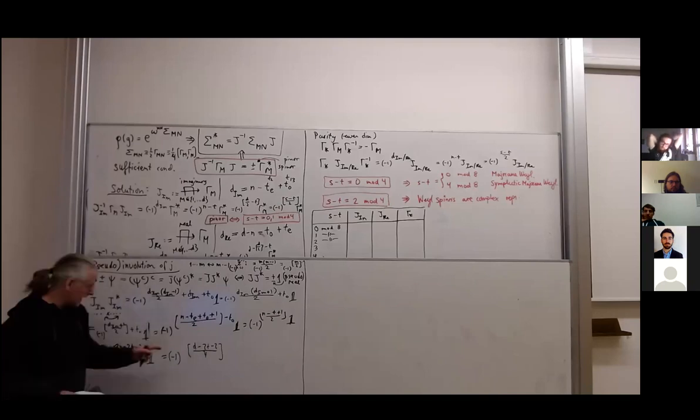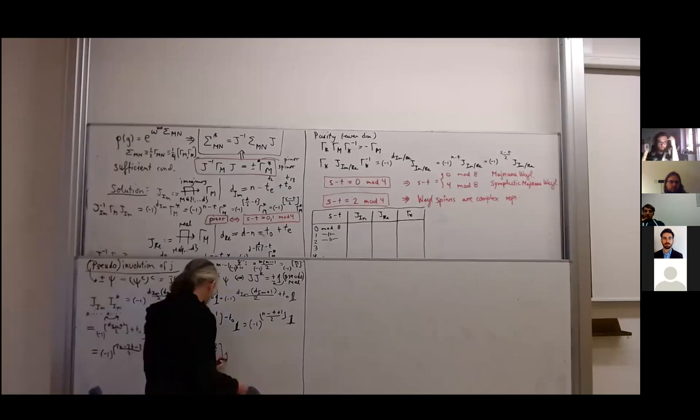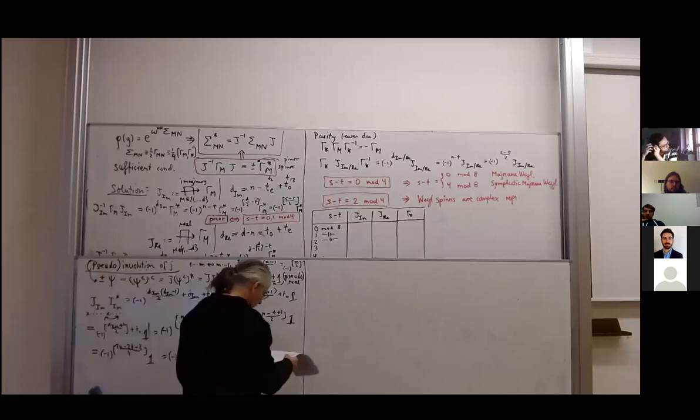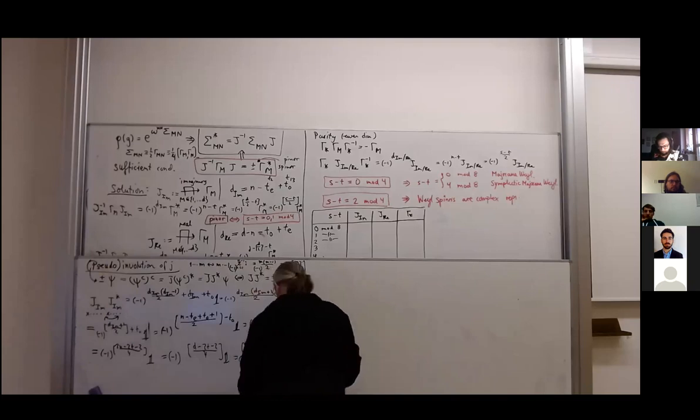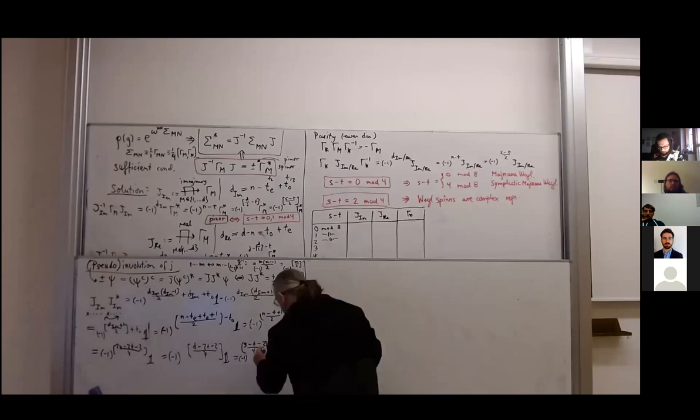So that is actually okay, and therefore this is equal to (s - t - 2)/4 minus 1 here. So we get this formula here.